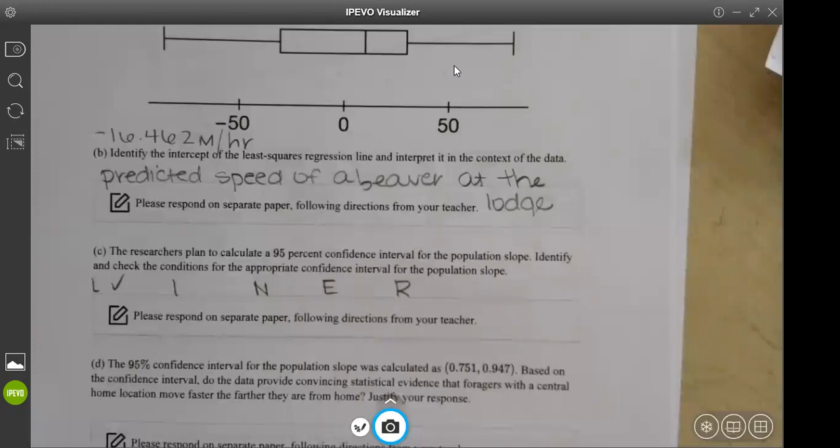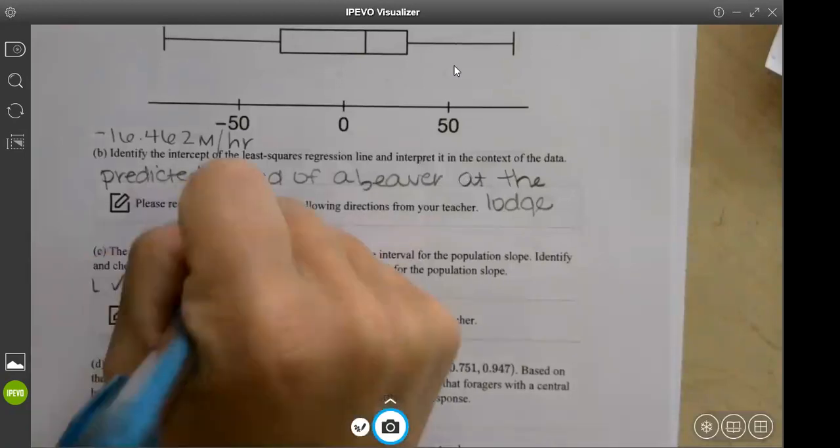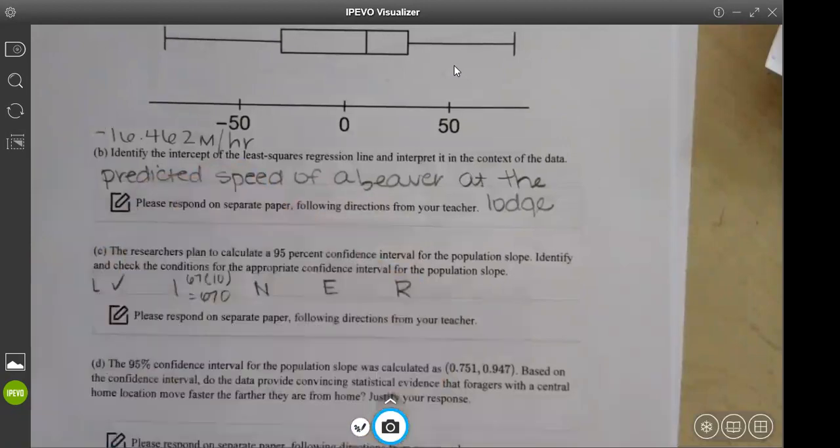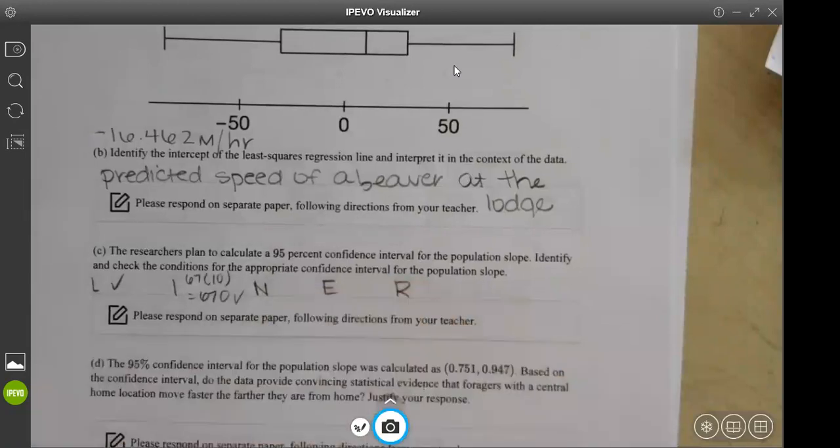So what was our sample? 67. You think there's more than 670 American beavers? Yeah. So that one's good. What about normal? Look at the top of my screen. The box plot is? How do you know? It's not skewed, so it's roughly symmetric, right? With no outliers. Got it? So we know it's normal.